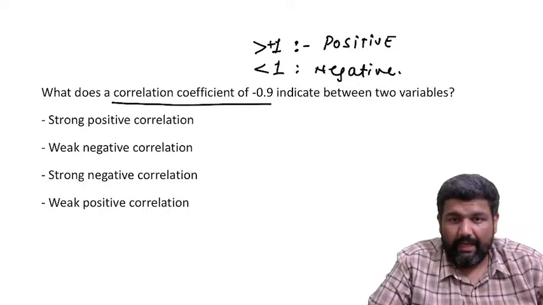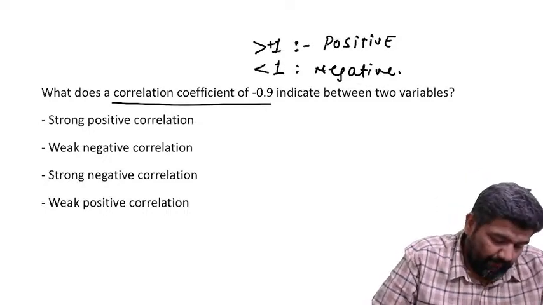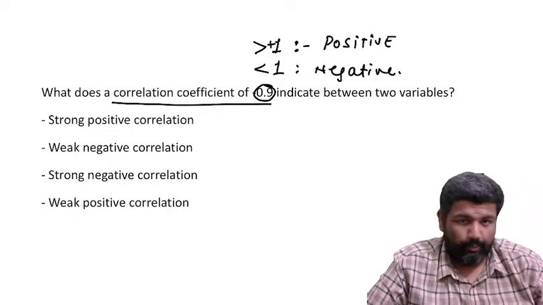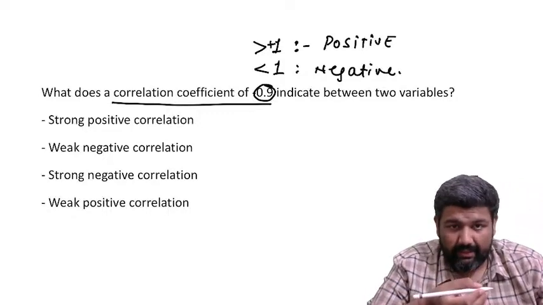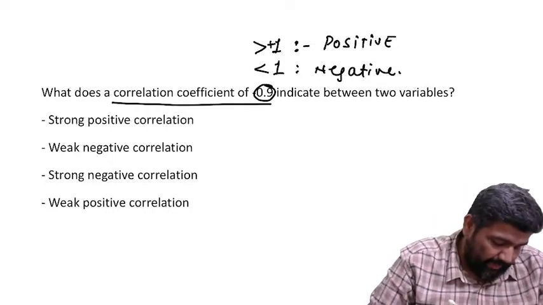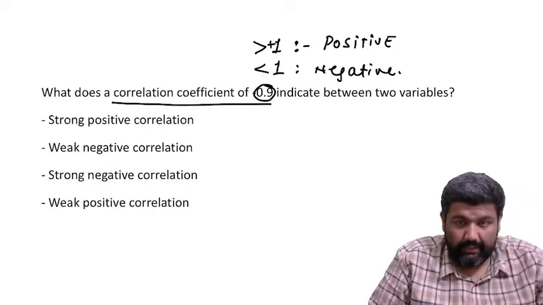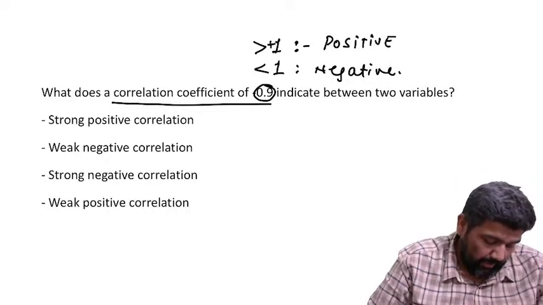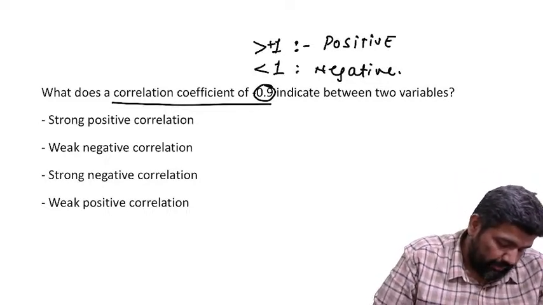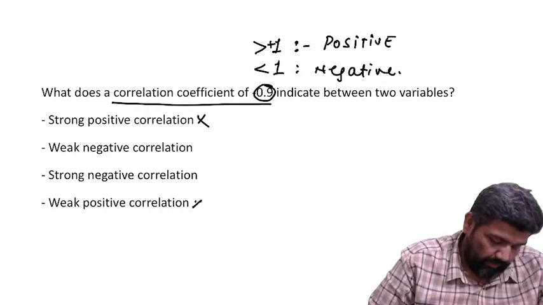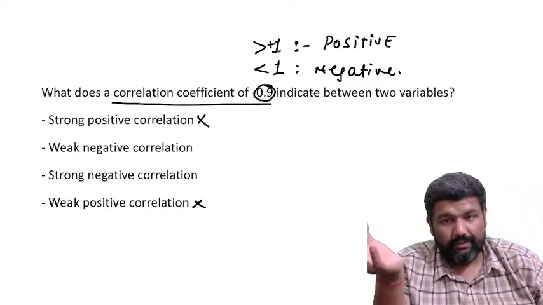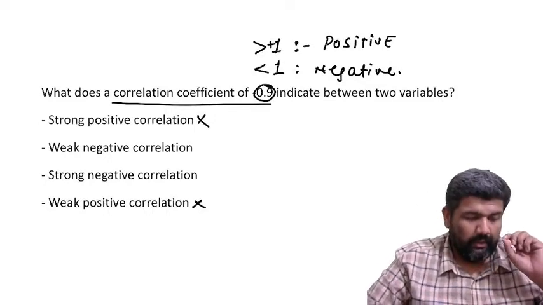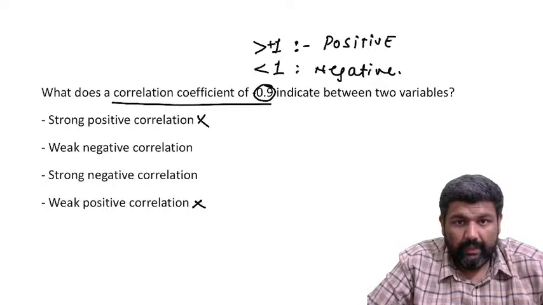So in this case we have minus 0.9. Minus is there, so it is a negative correlation. So we rule out the options with positive and just focus on the negative word.